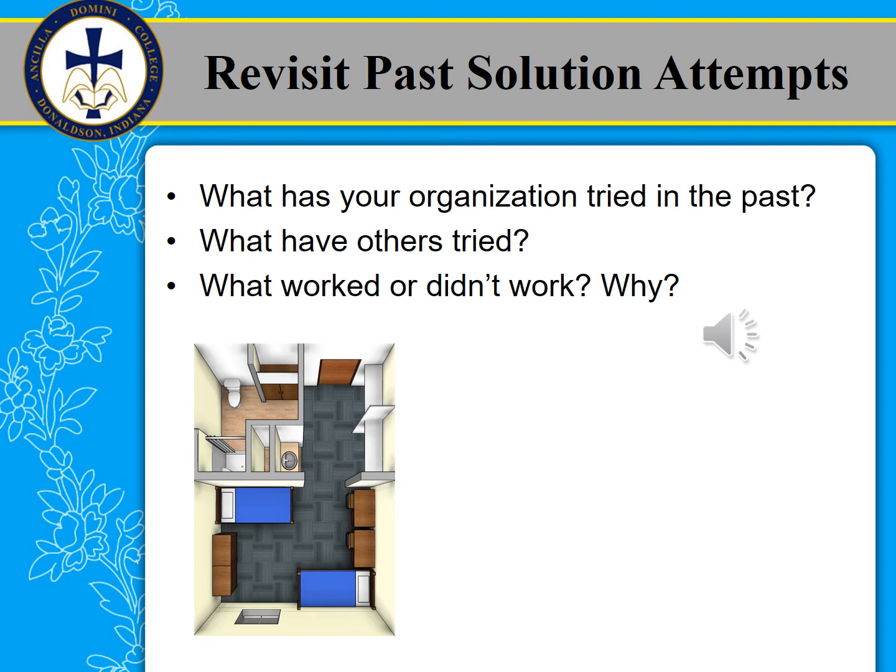That's more at the board level than faculty, so I don't know what all happened with that. But finally someone came up with a proposal that seemed like it was going to work, and the college went forward. So just because it hasn't worked in the past or wasn't approved doesn't mean you shouldn't move forward. You just want to be able to address those issues as you work on your own.